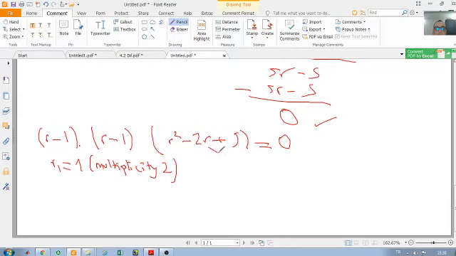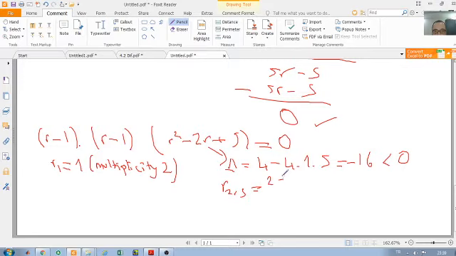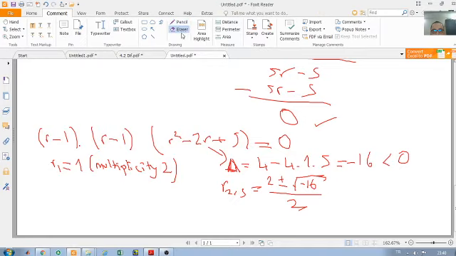When we look at the second one, easily we can find the discriminant of this equation. b squared, which is 4, minus 4 times 1 times 5, which is equal to minus 16, which is less than 0, which means we have complex roots for this one, and they are found as r2,3 equals minus b, namely 2, plus minus the square root of the discriminant, minus 16, over 2a.